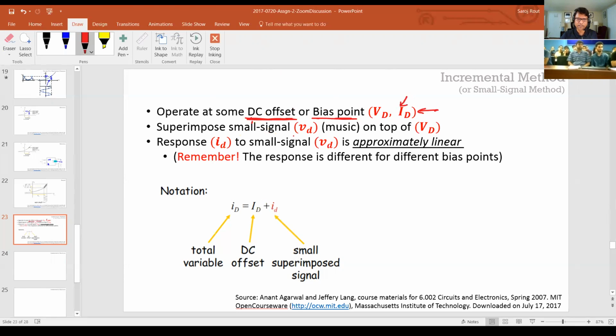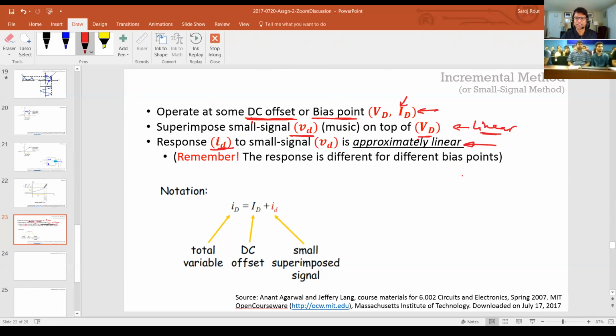Now on that DC offset, you apply a small VD on top of this VD so that this is roughly linear. That's the whole premise of doing small signal analysis. The response ID to this VD, or it could be any other electrical term, is approximately linear, right?